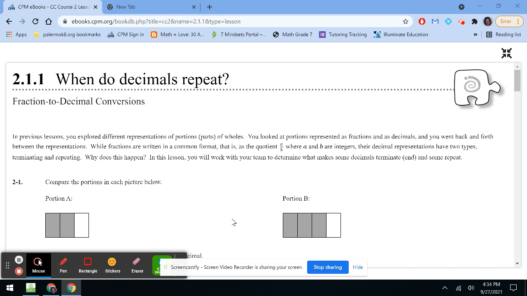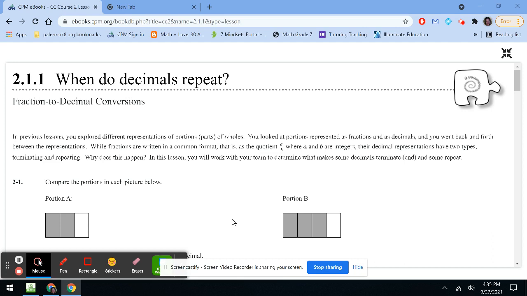It says, in previous lessons, you have explored different representations of portions, parts of wholes. You've looked at portions represented as fractions and as decimals, and you went back and forth between the representations. While fractions are written in a common format, that is, as the quotient A divided by B, where your numerator is divided by your denominator, their decimal representations have two types: terminating and repeating.